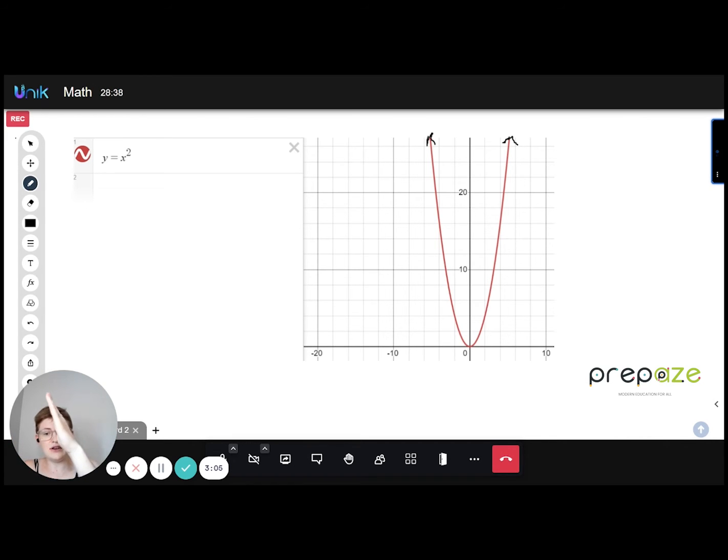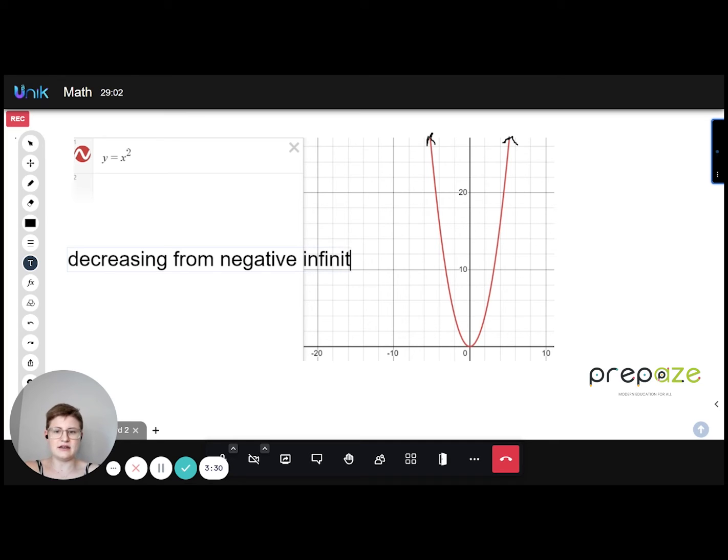This graph is continuing, increasing, increasing, increasing up towards the negative direction. So from negative infinity all the way down to the point where we change directions and start going uphill, that's at x equals 0. So we can say our equation is decreasing. We're going downhill, decreasing from negative infinity to 0.